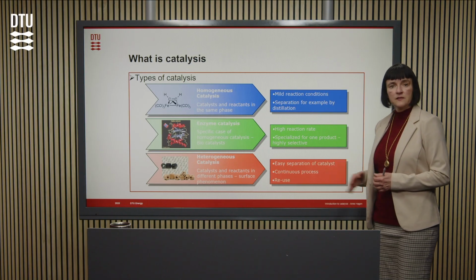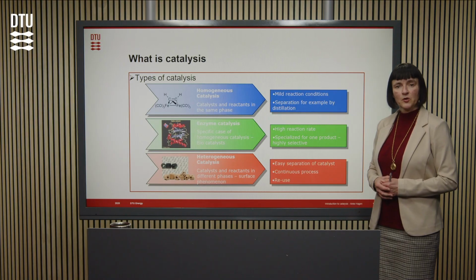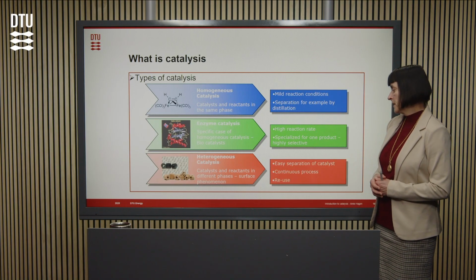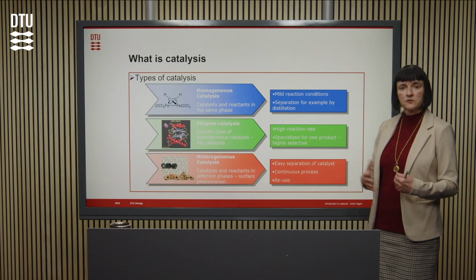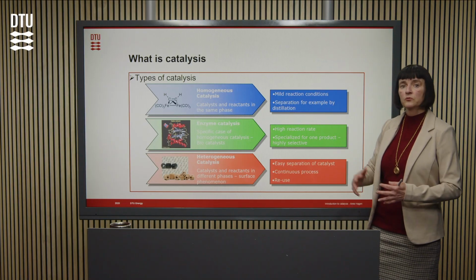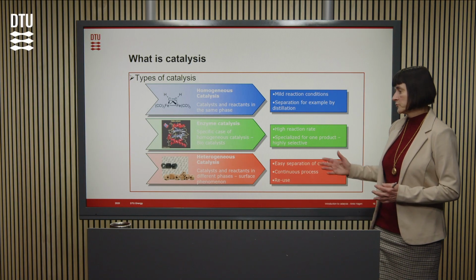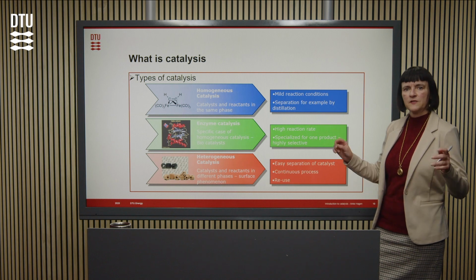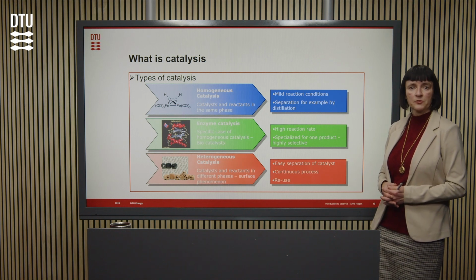That makes it very easy to separate afterwards because the solid stays behind and the gas you can just take out. You can also make continuous processes, just flowing your reactants and products through the catalyst bed. You can also reuse the catalyst. Often this is also connected with more severe or harsh conditions like higher temperatures and pressures.